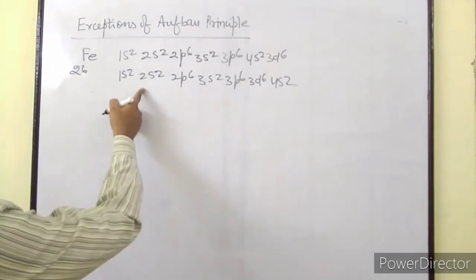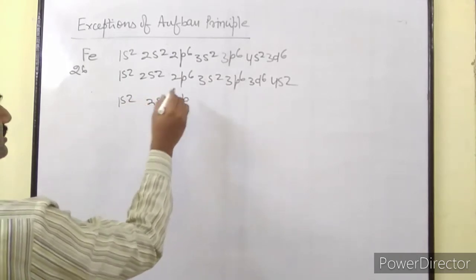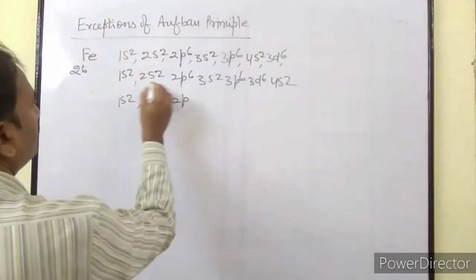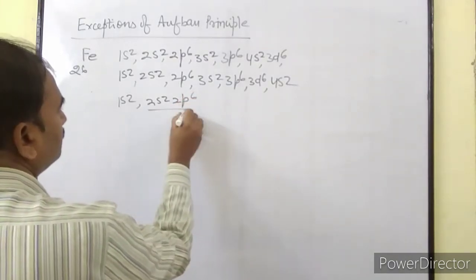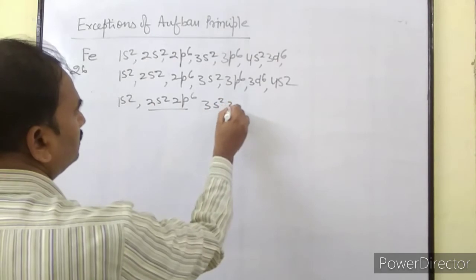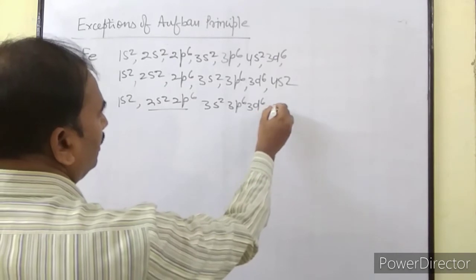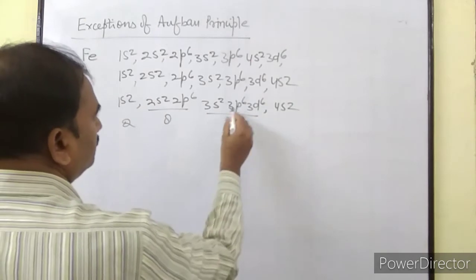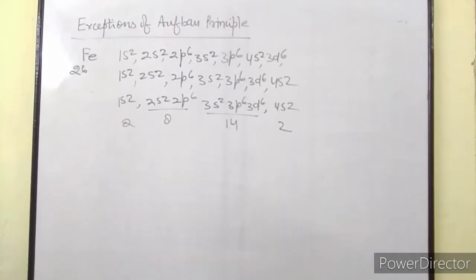It can also be written by another method: 2, 8, 14 and 2. This is another method of writing electronic configuration.